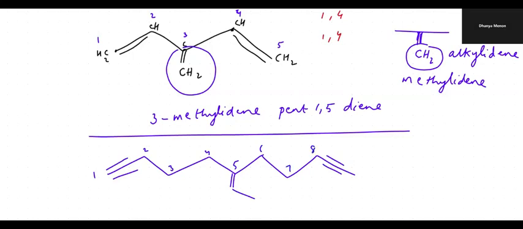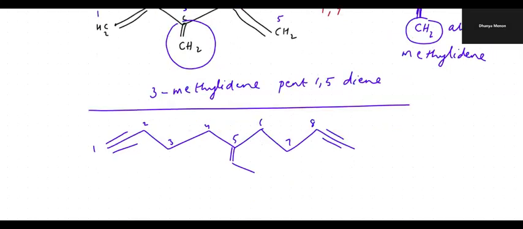Longest chain including both the triple bonds. So from here, I'm getting the largest chain, 9. Similarly, if I start from here, 1, 2, 3, 4, 5, 6, 7, 8, 9. Either way, I'm getting both triple bonds, and I'm getting the longest chain. So I can use this numbering.